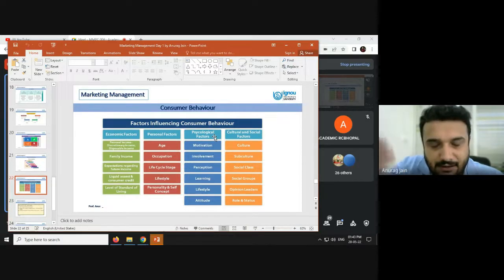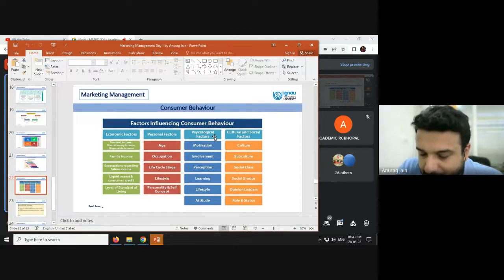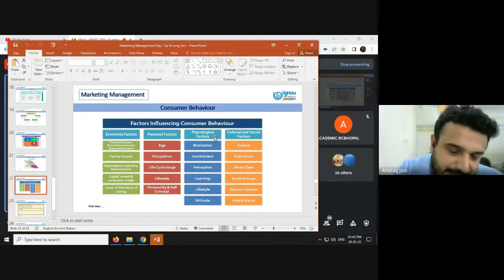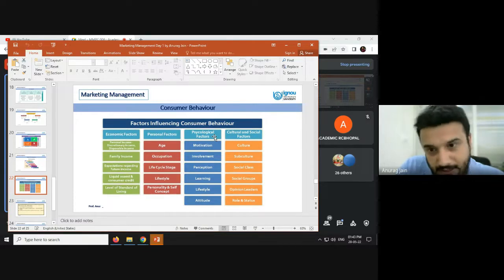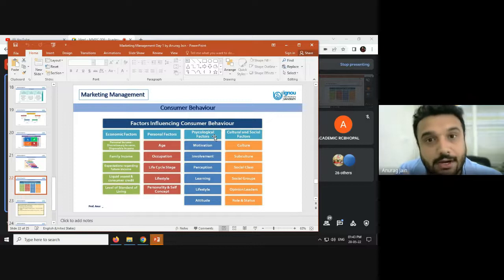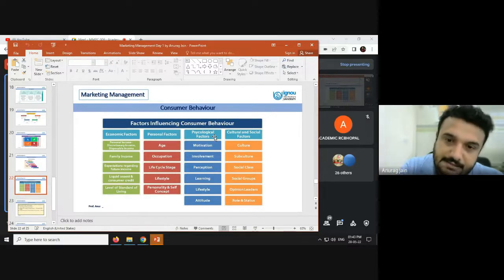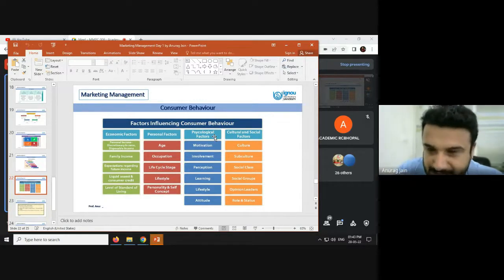All these factors are very much about how a person thinks and how a person feels. Why I'm saying this is really important is that each kind of factor has its relative importance, but these are the factors which play a very predominant role when someone decides to buy something or not to buy something.